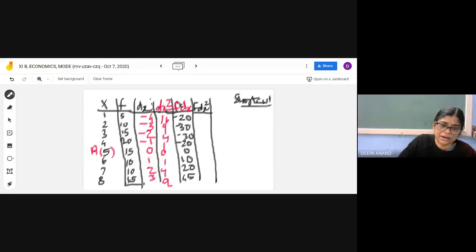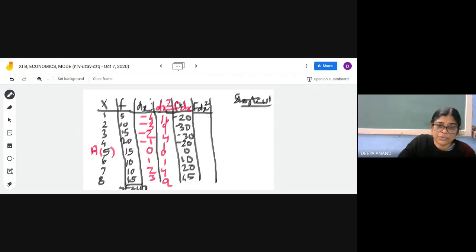What is the total n? Sigma f is n. In this case, it is 100. N is equal to 100 because this is a discrete series. It doesn't mean the number of items, it means the total frequency.